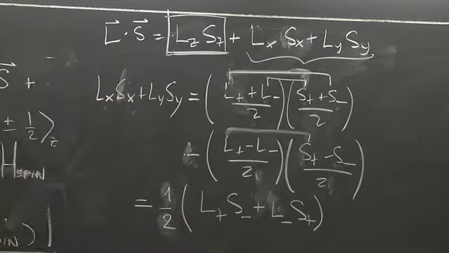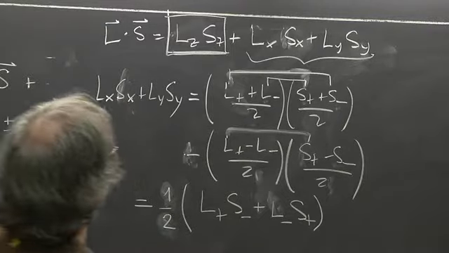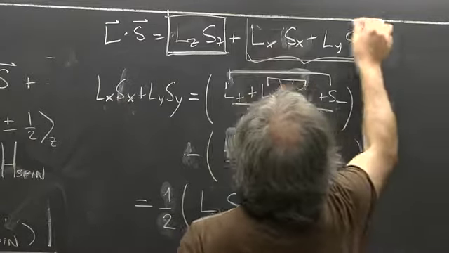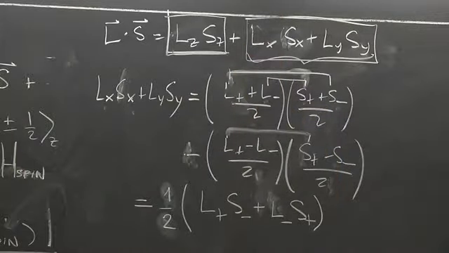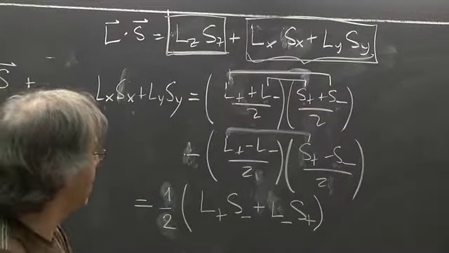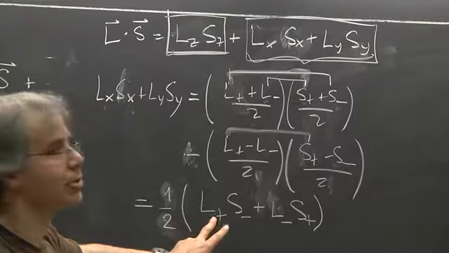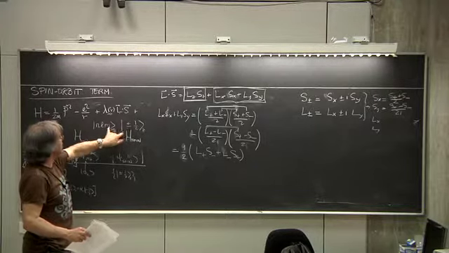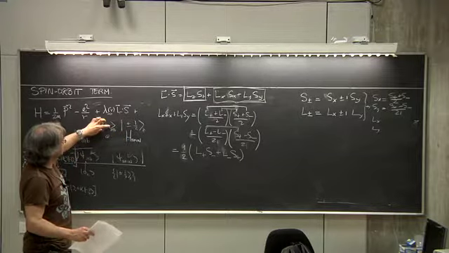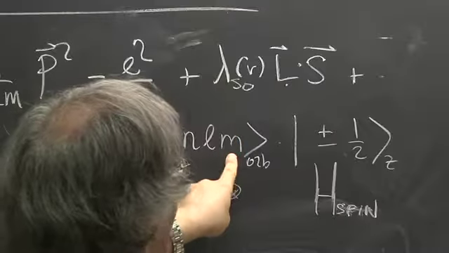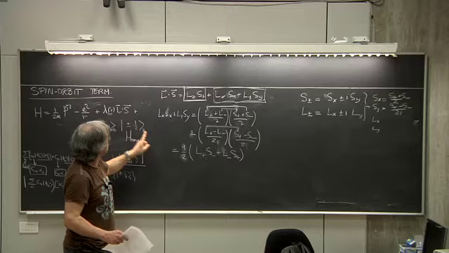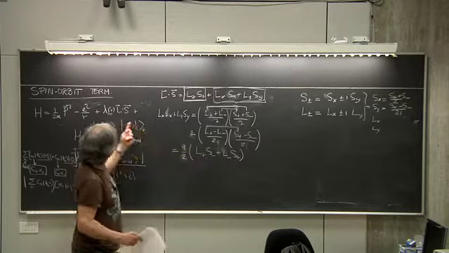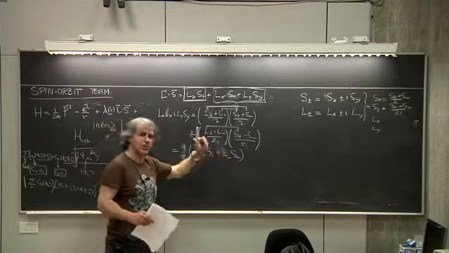Is this clear? So this is another way of writing this piece, which now looks a little bit easier to understand, and it tells you that these terms disturb the states. For instance, this term tends to increase M by 1, and this term tends to decrease S by 1, and this does the opposite.